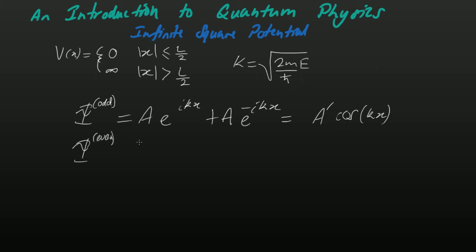And for even, equals A e to the i k x, and B equal minus A, or A equal minus B. We'll substitute in for the A, because we like A's, remember? Again, I'll call this double prime, because it's a different arbitrary constant. That's the sine kx, because remember this is 2iA, and then we made that double prime.